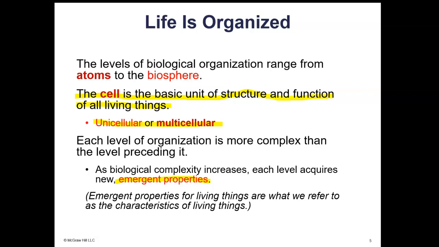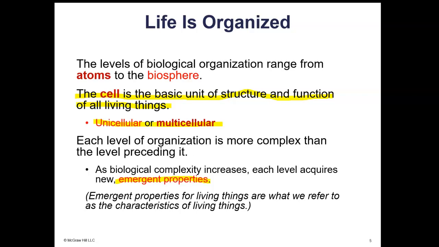But living things are also organized based on cells. There are some living things that are only composed of one cell. We call them unicellular. And then some living things that are composed of many cells, like animals and plants. Humans are multicellular. In fact, humans, on average, are composed of trillions of cells.